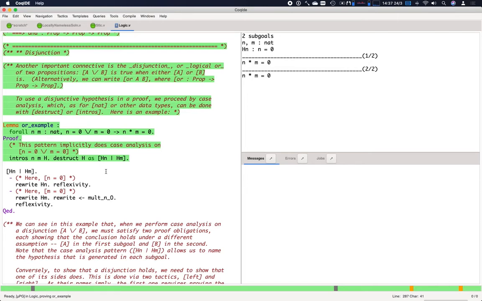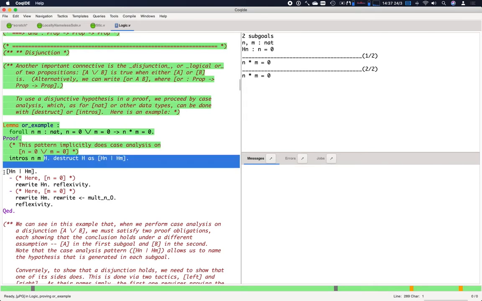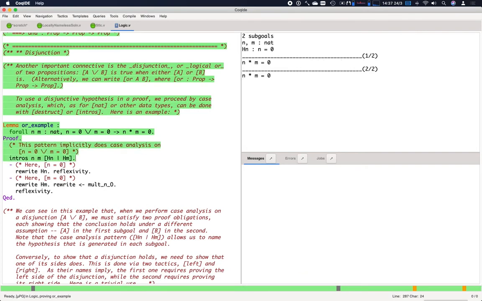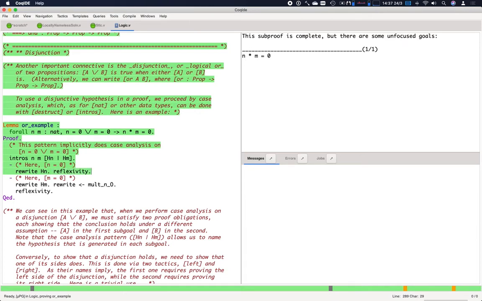So I have to give one name for each one of those, as opposed to the AND, which had one constructor that had two arguments. And of course, the simplest version is just to destruct the whole thing in one go. Okay, so in this case, we know that n is 0, so if we rewrite and simplify, we're done.